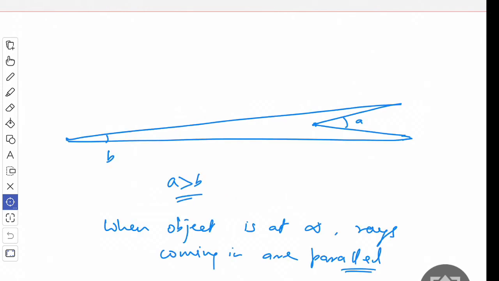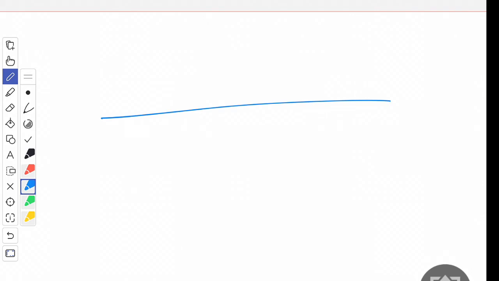Now here's the question for you. If there are two rays and the angle between them becomes smaller and smaller, what's happening to the two rays? They are almost becoming parallel. Once again, let me draw this and show it to you.